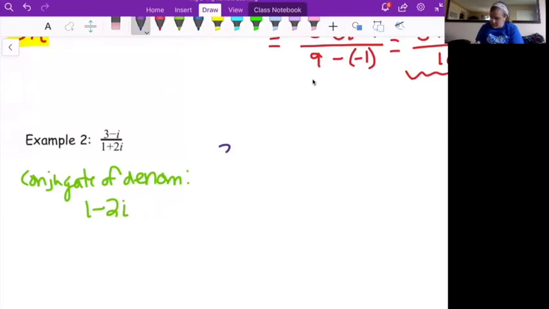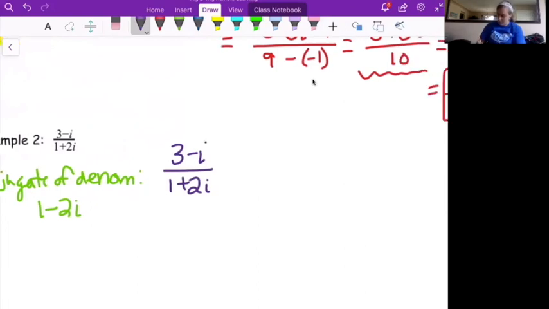So with this, we have 3 minus i over 1 plus 2i. So I'm going to multiply by the conjugate of the denominator, 1 minus 2i over 1 minus 2i.